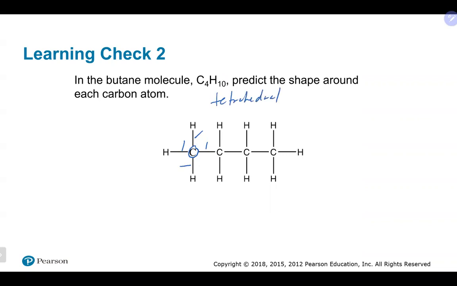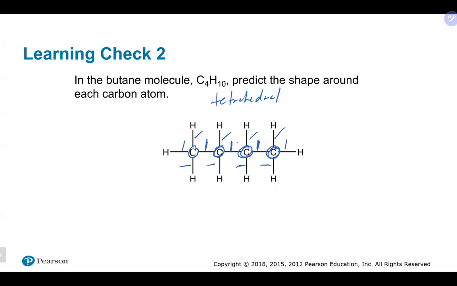By the way, every single carbon there should be tetrahedral as well. This one has 1, 2, 3, 4 electron pairs and 4 bonds, tetrahedral. This one, 1, 2, 3, 4 electron pairs and 4 bonds, tetrahedral. And this one here, 1, 2, 3, 4 bonds, which would also be tetrahedral.